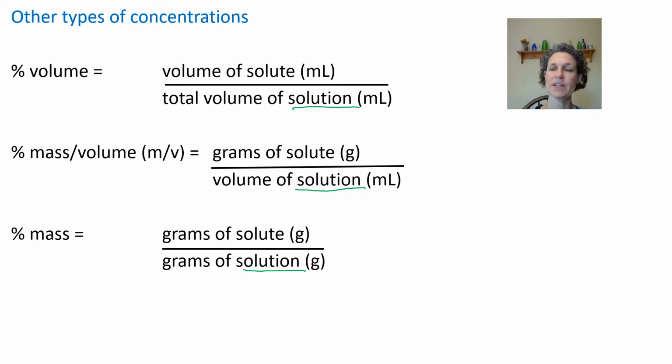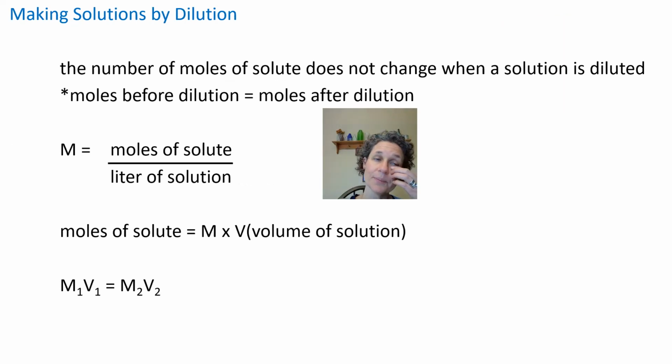Okay, almost finished here. So sometimes you also make solutions from other solutions, basically by dilution. The thing to remember in this is that the number of moles doesn't change. So even if I add more water to something, I still have the same number of moles in there. So the moles before the dilution are equal to the moles after the dilution. And if you remember, molarity equals moles over liters, so here's that.